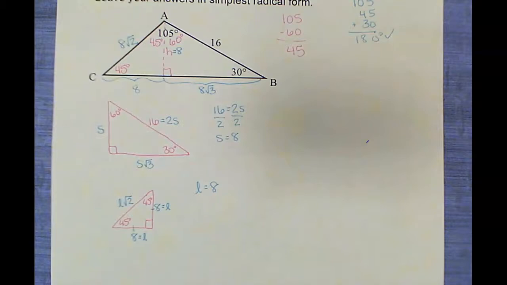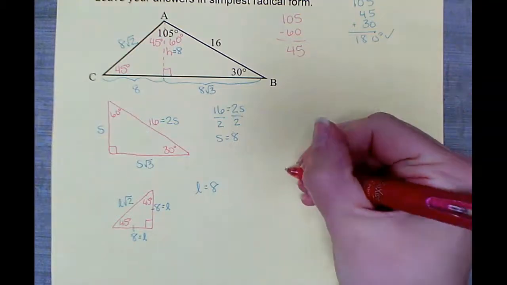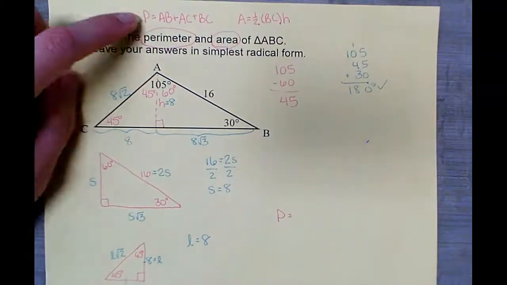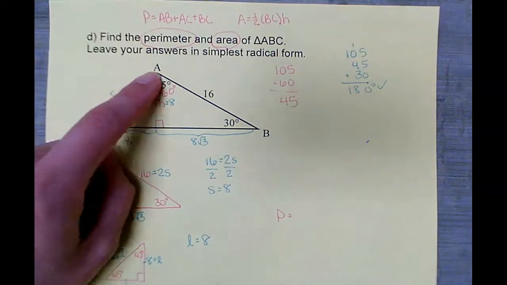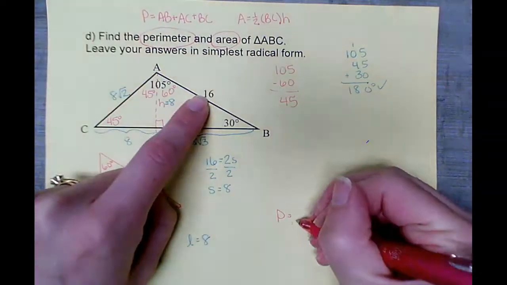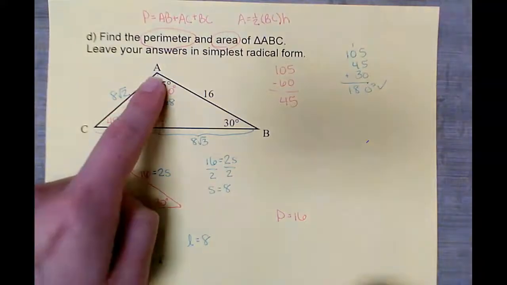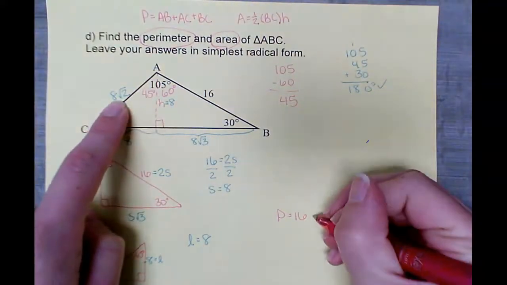So now let's talk about the perimeter and the area. So the perimeter: we have the length of AB. That was given to us as 16. We have the length of AC. That we found out to be 8 square roots of 2.